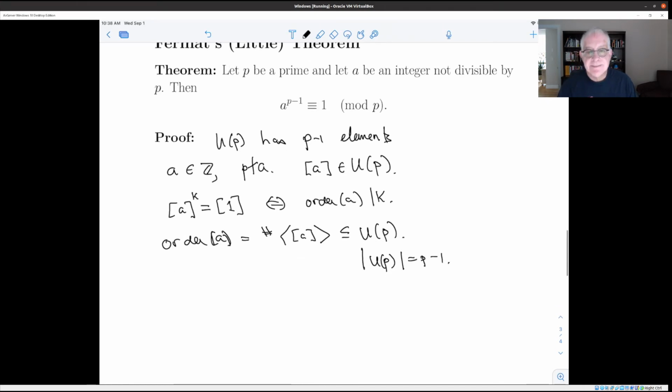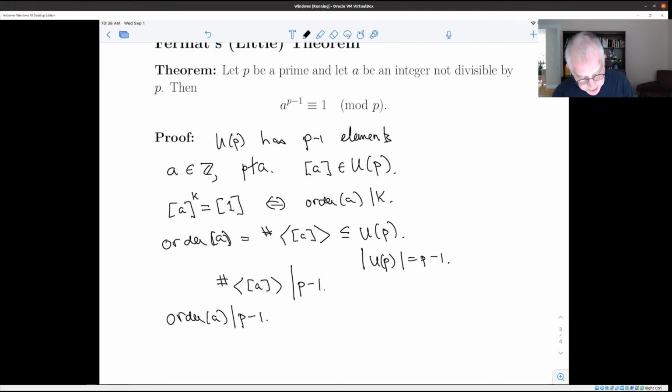So by Lagrange's theorem, the number of elements in the cyclic subgroup generated by a, which is a subgroup of U(p), has to divide p minus 1. In other words, the order of a divides p minus 1.